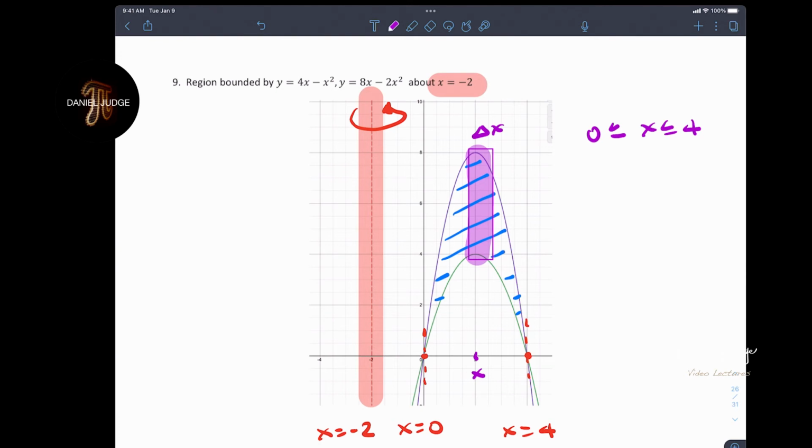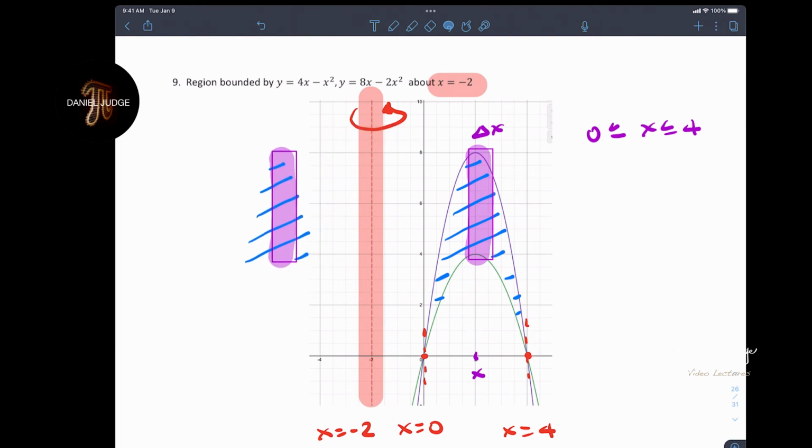But what you're going to do now is you're not going to revolve this around the y-axis. It's the line x is negative 2. So on this other side, if I can copy this, let's see what happens. Okay.